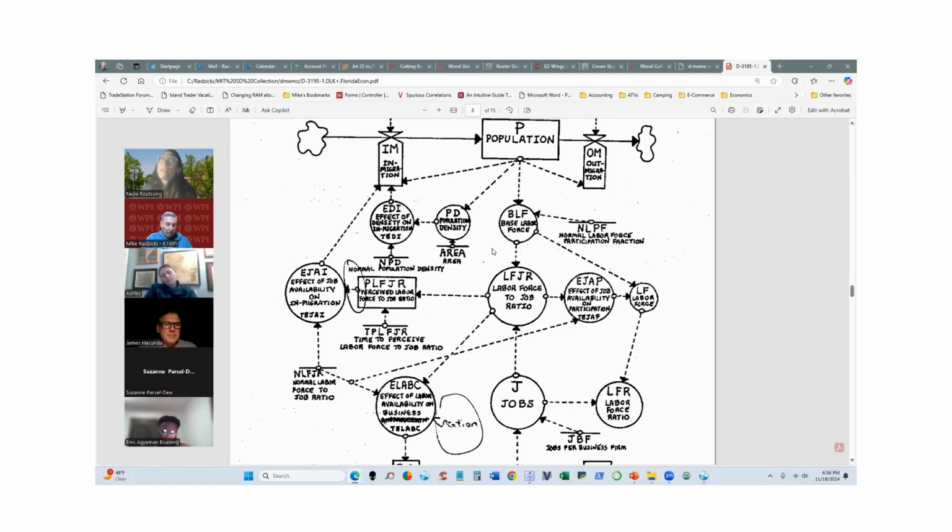But then in the healthcare sector, I'm thinking the feedback loops there are going to be more concerned with the goal of health, right?